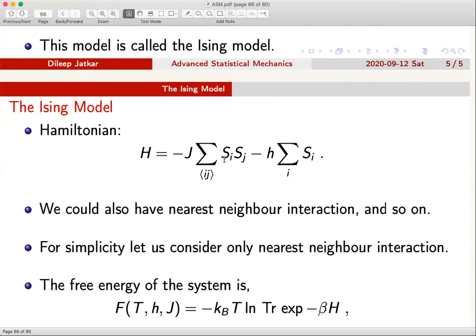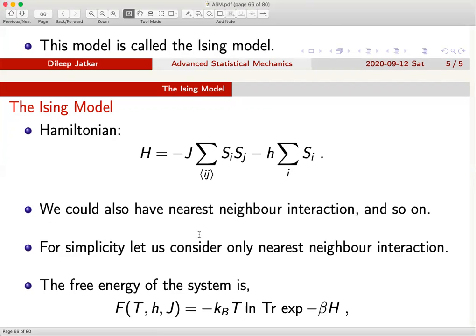So that is a kind of model which will have both interactions, nearest neighbor as well as next nearest neighbor. Sorry, I should have said next to nearest neighbor here. Okay, that's a typo. These two sentences sound really odd, but I'll correct it. This is next to nearest neighbor interaction and so on.